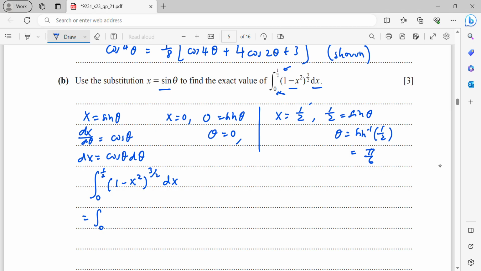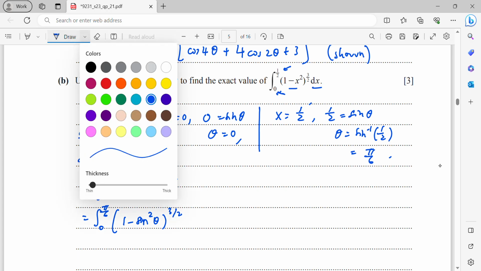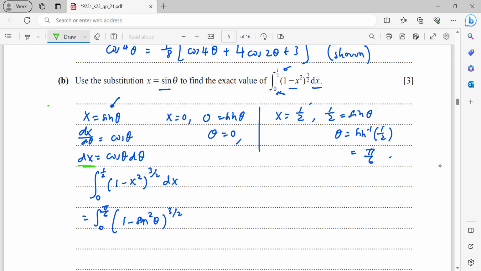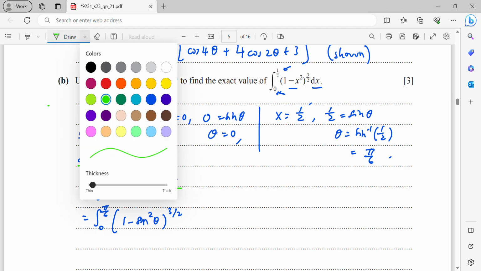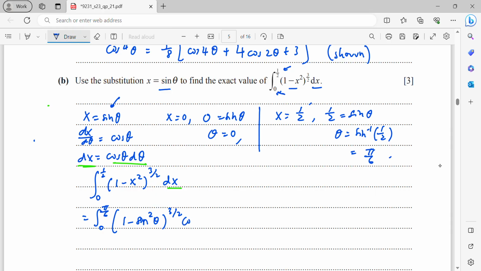When x is half, theta is pi over 6. So here is pi over 6. Then 1 minus, this is my x, so it will be sine squared theta, then after that, power 3 over 2. For the dx, replace the dx by cos theta d theta, so now I will get cos theta d theta.